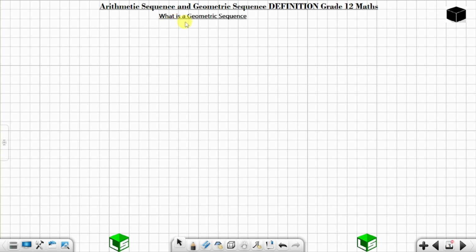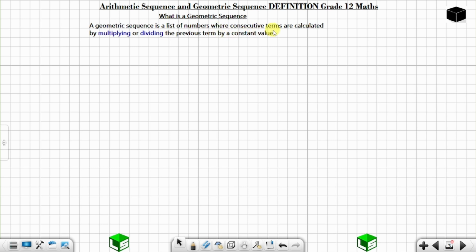Now, what is a geometric sequence? You might have seen this definition before. The definition says a geometric sequence is a list of numbers where consecutive terms are calculated by multiplying or dividing the previous term by a constant value.